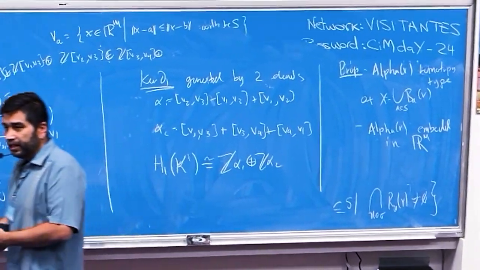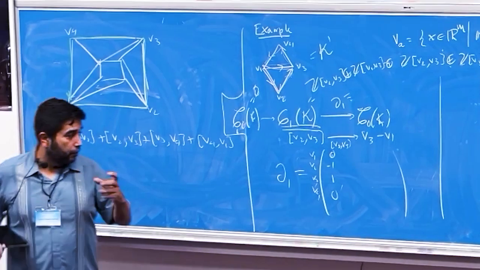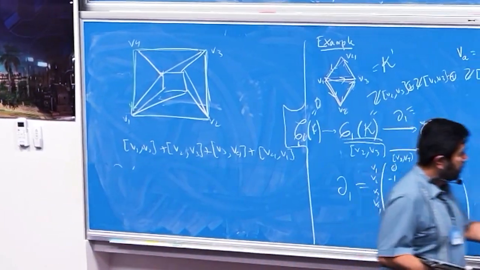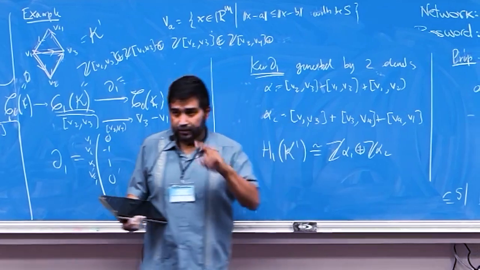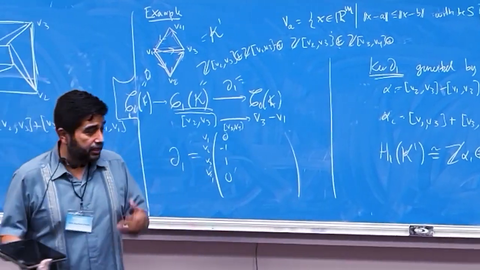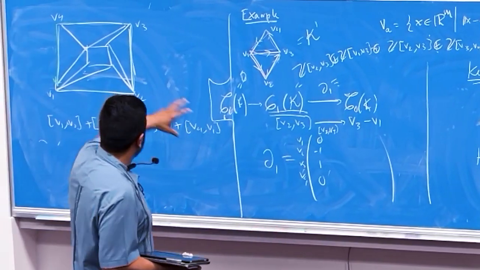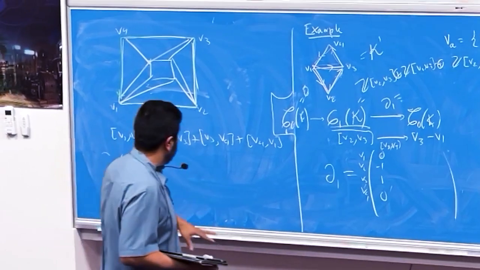It's generated by two copies of C, exactly these two cycles. So this tells us that the homology is actually capturing cycles in this particular example.